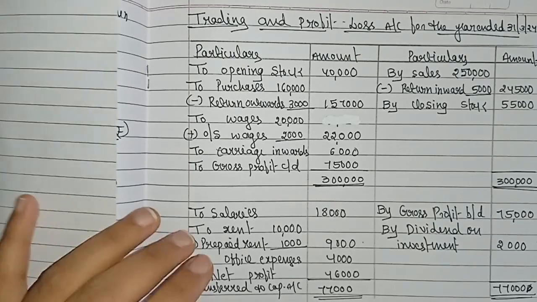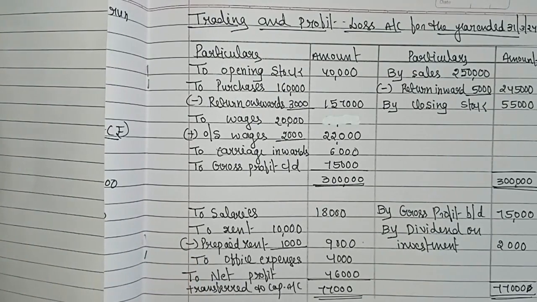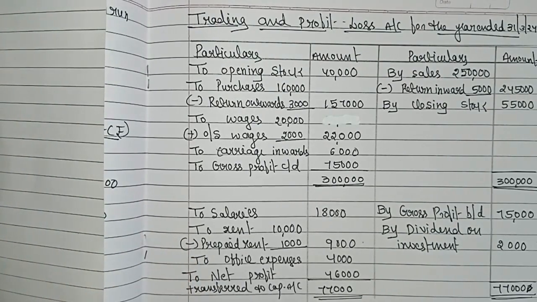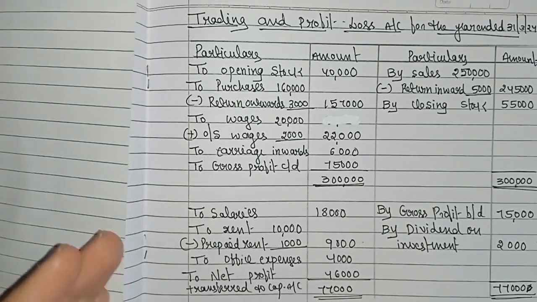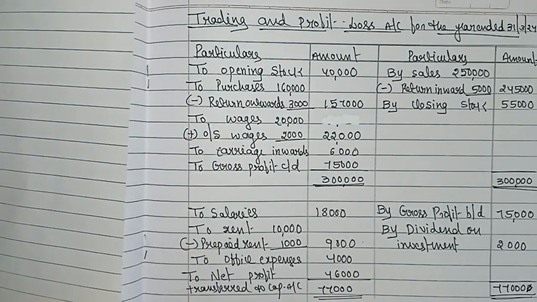We deduct return outwards from purchases, because those goods are no longer our purchases, because we are going to return those goods to the supplier. Mr. Ram has already returned the goods to the supplier due to damage or poor quality. Clear?